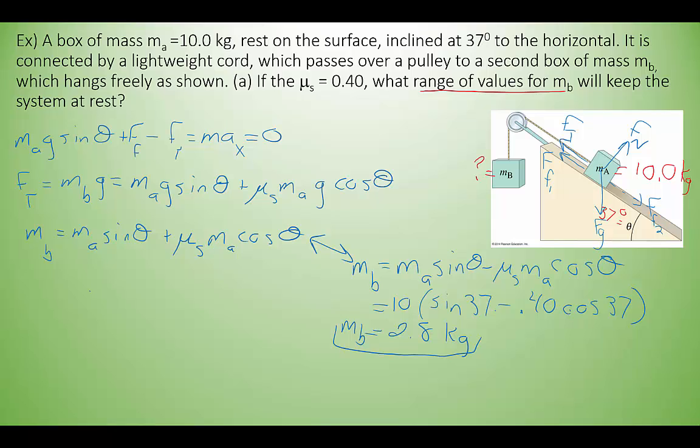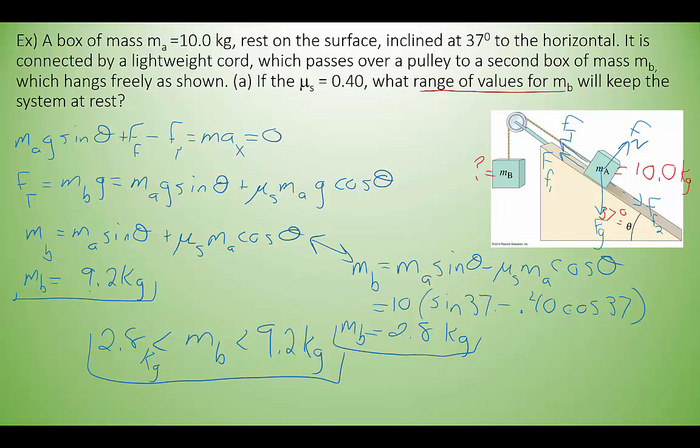If we plug the same numbers in and solve, we end up with MB equaling 9.2 kilograms. So the range of values for MB is that it must be between 2.8 kilograms and 9.2 kilograms in order to keep box A constant at rest on this incline.